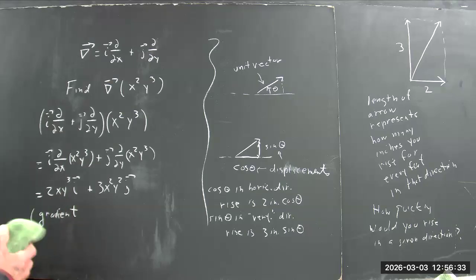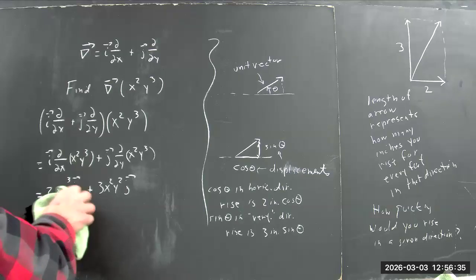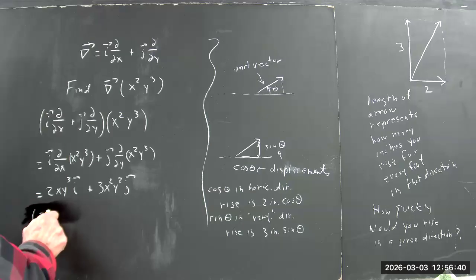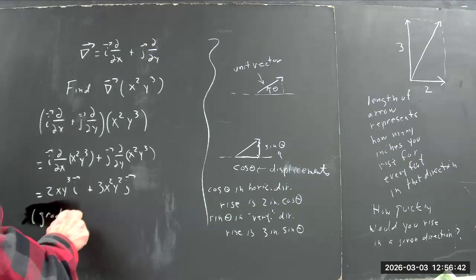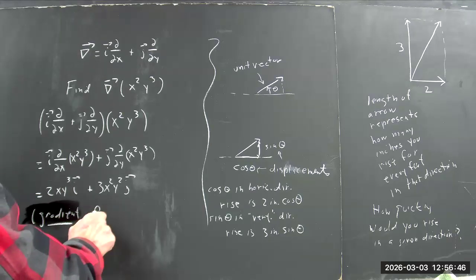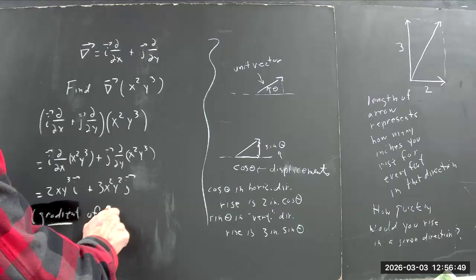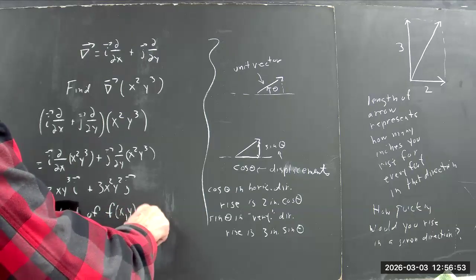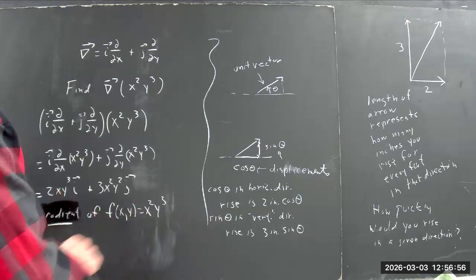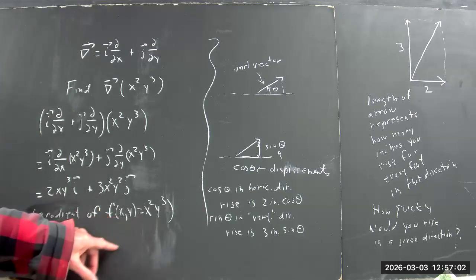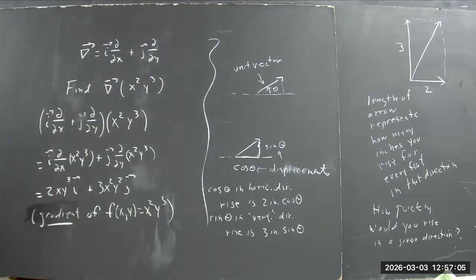I better spell that, not leave letters out. That's called the gradient of f of xy equals x squared y cubed. I didn't use f of xy notation up here, but you're saying now that x squared y cubed is f of xy.